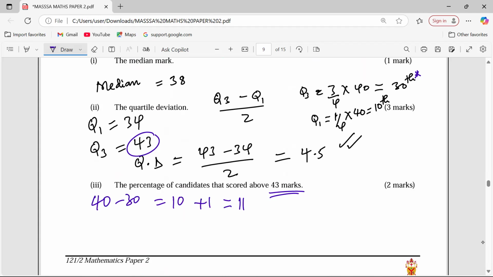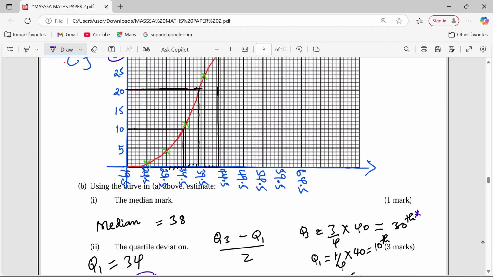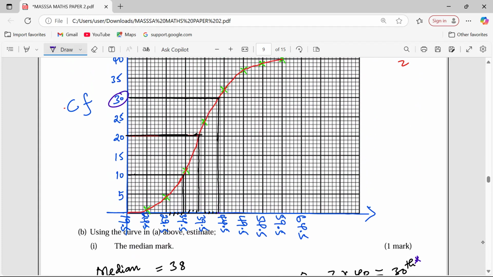So 11 candidates scored 43 and above, because it is from the 30th all the way to the 40th. The 30th learner is scoring exactly 43.